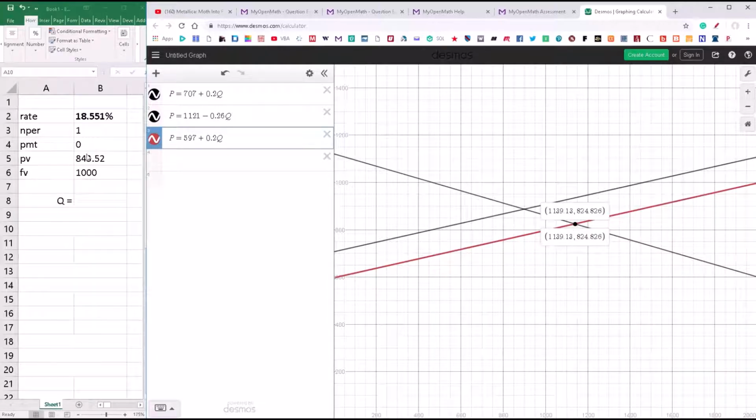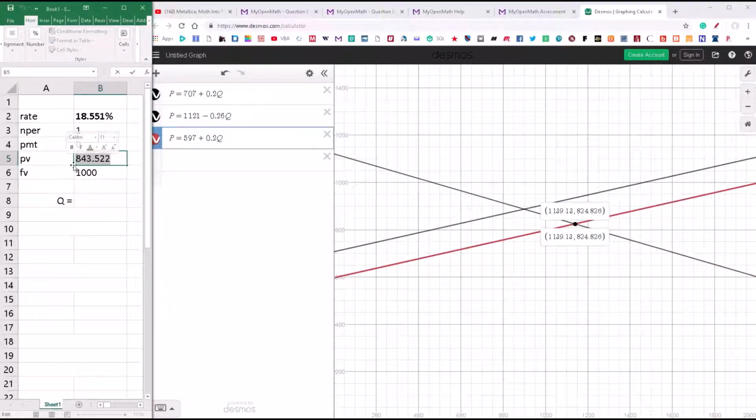So the new price is 824.826. The new quantity is 1139.13. And then the equilibrium interest rate, I'll just use the rate equation from now on.